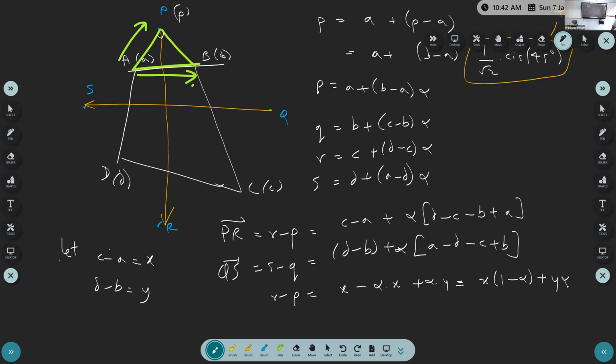So R minus P becomes X times (1 minus alpha) plus Y times alpha. And the second one becomes Y, and now you see the sign is reversed because here it is minus C plus A, so it has to be minus X.